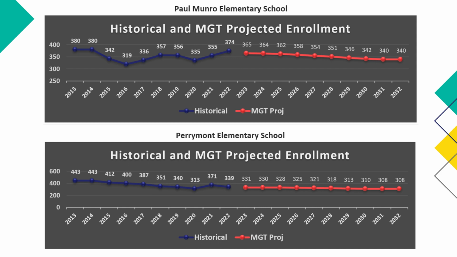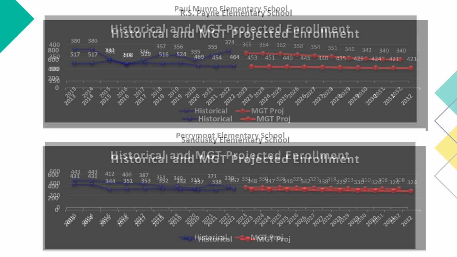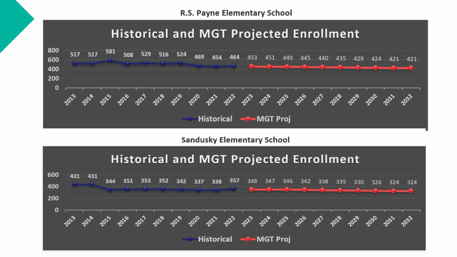Paramount Elementary, you can see they're 339 this year, down a little under 40 from last year. We're estimating 331 next year. They hold their own until, as you see, it rides out to 2032 at 308. R.S. Payne, 464 today, carries forward, maybe a 10 student loss, 2 student loss as they move forward. Sandusky, 357 as of today, had been 431 in 2013, and it holds its own in the 340s as it slides into the 330s.